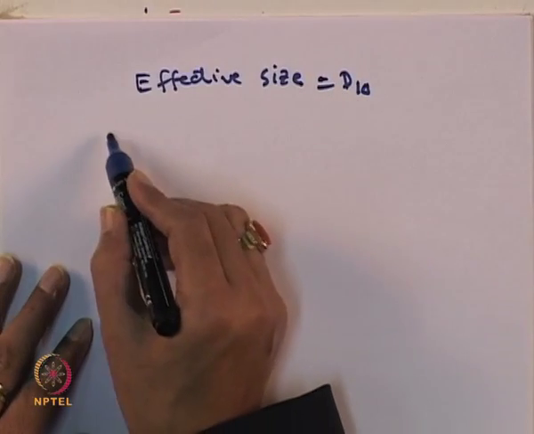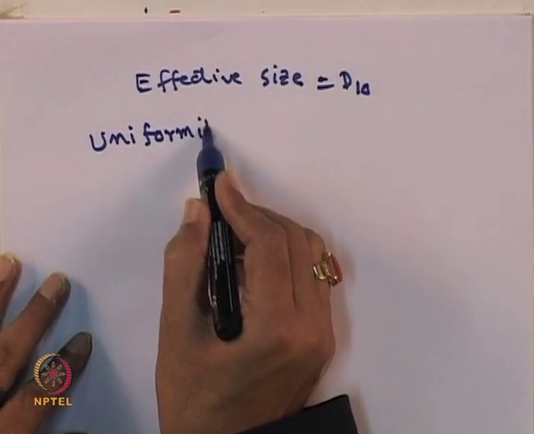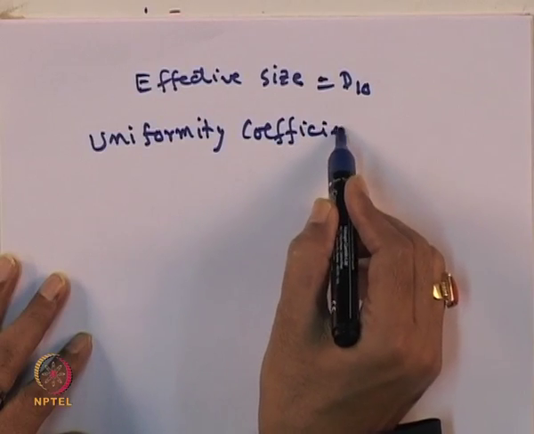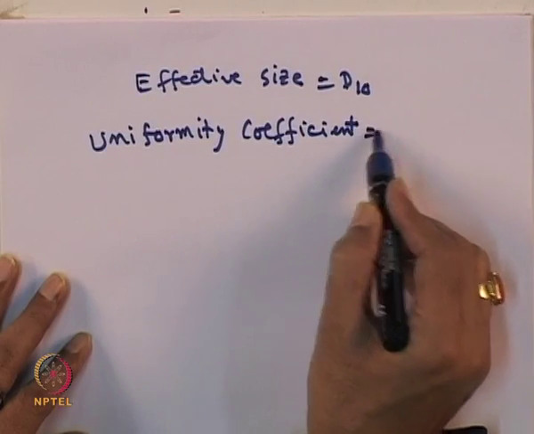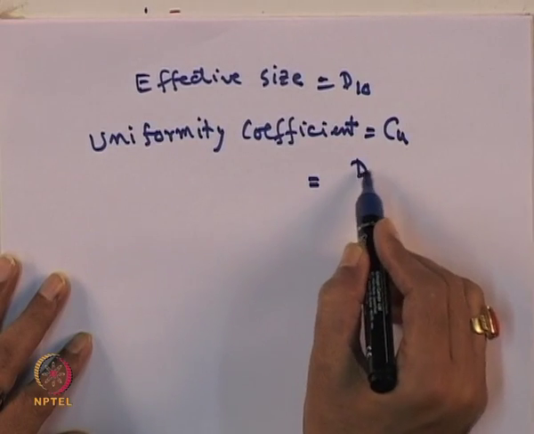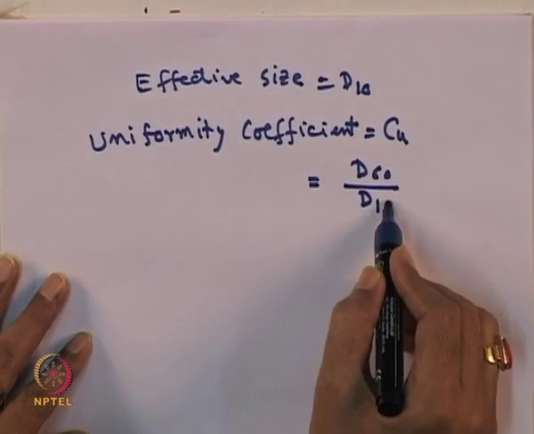You can calculate the uniformity coefficient, denoted as Cu. Cu is equal to D60 divided by D10.